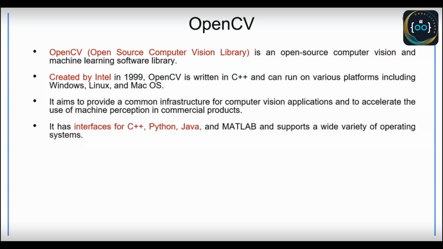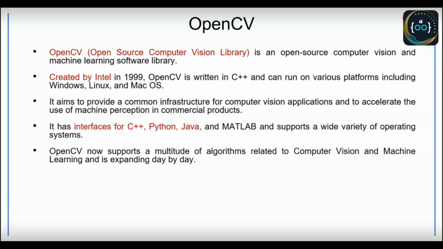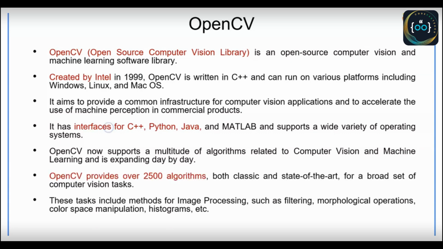OpenCV is not just for C++ programmers. People who use Python and Java can also use it, and it works on many different operating systems. Today, OpenCV supports a lot of different algorithms. These are like the individual tools in the toolbox. In total, OpenCV offers over 2,500 algorithms.